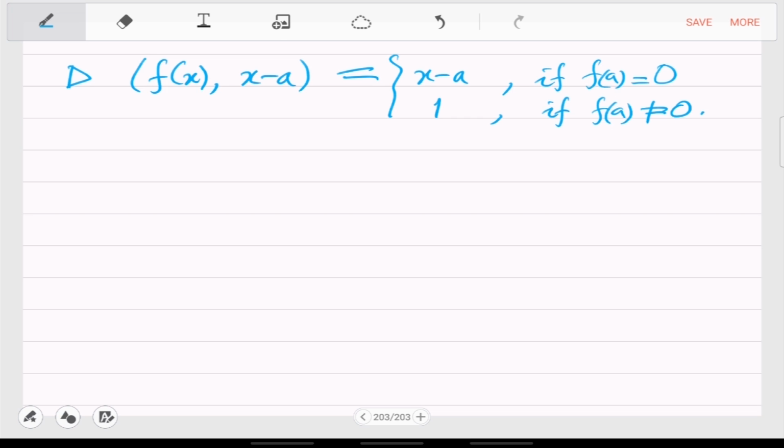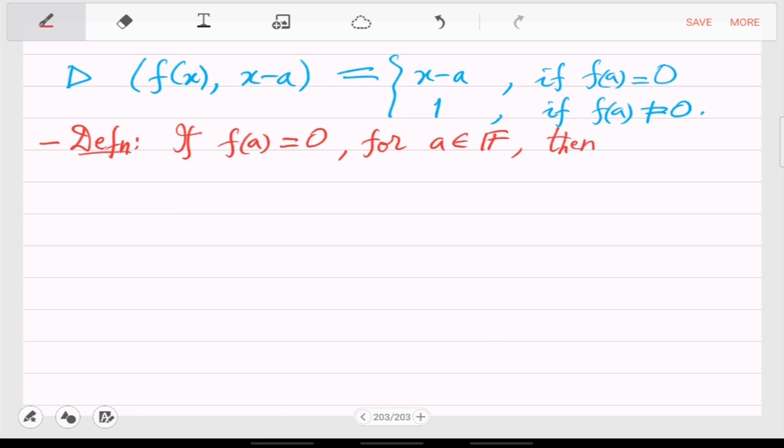Such a's we obviously call roots. If f(a) is 0 for a in the field, then we call a a root of f.